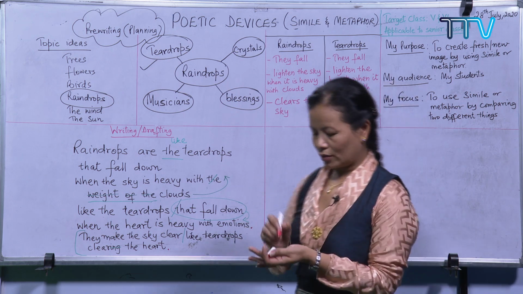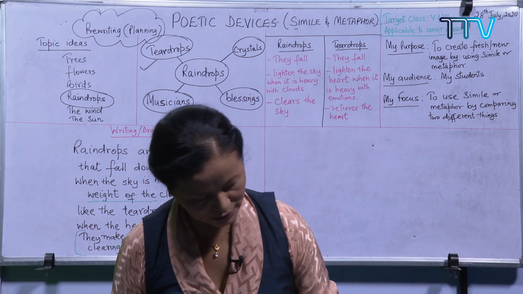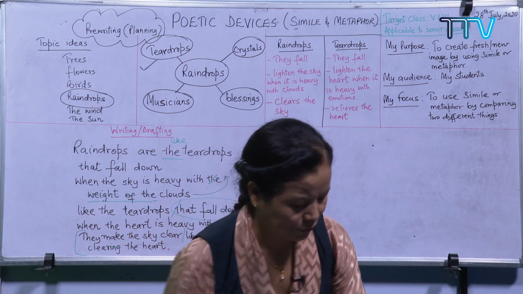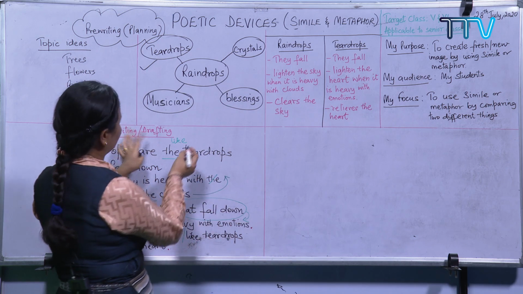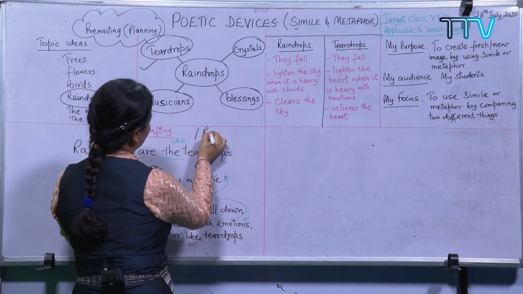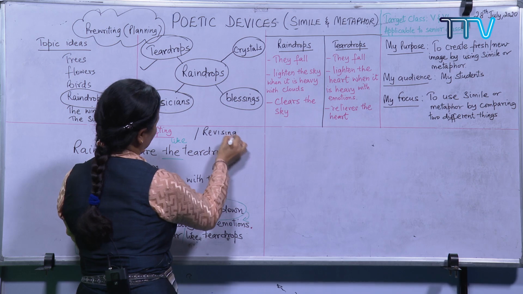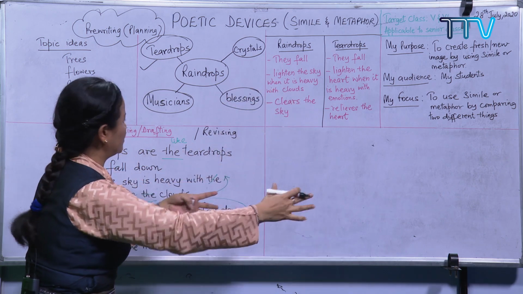Okay. Now what we need to do is the final part, which is rewriting, publishing. So, writing, drafting we have done, revising also here, in this space, because I have only this much space.